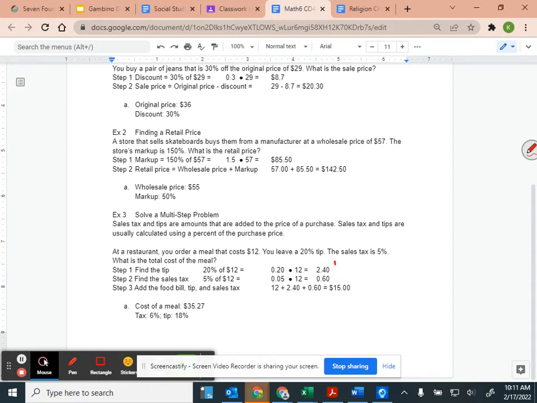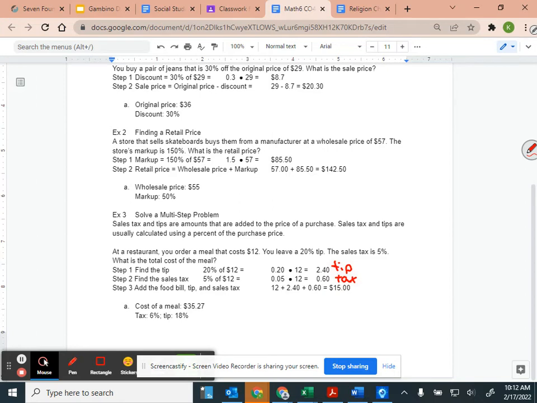Then we need to find what our sales tax is. So we take that $12 and multiply it by 0.05, because our sales tax is 5%. And we find that it's 60 cents. So we have to pay 60 cents in sales tax. Now, we want to know what our total cost is.